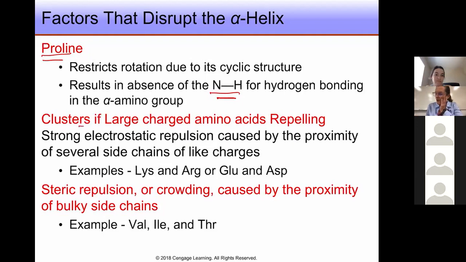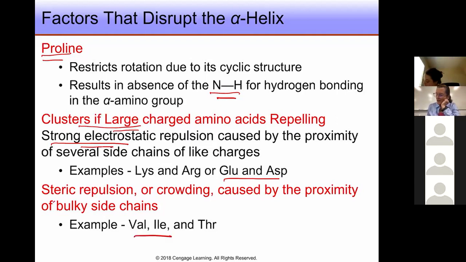If you have really large amino acids, they're bulky. So like a tryptophan next to a leucine, those would bump into each other and also destabilize the helix. If there are electrostatic repulsions, so having two positive charges near each other, like lysine and arginine, or two negatively charged amino acids near each other, like glutamic acid and aspartic acid, those repulsions, negative, negative, or positive, positive, could destabilize a helix.